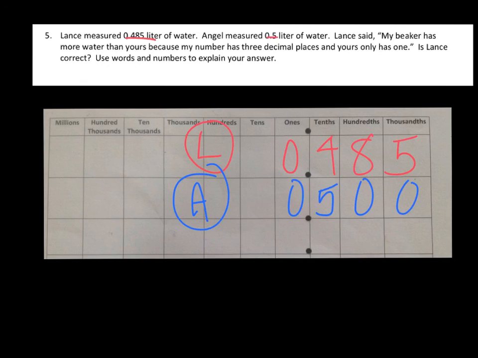So Lance thinks he has more water. Aha, but he doesn't. Even though he does have 3 digits, 1, 2, 3, Angel also has 3 digits. Even though the zeros aren't showing, the zeros are there. They're invisible. They're like placeholders. So, since Angel has 5 tenths and Lance only has 4 tenths, that means that Angel has more water.